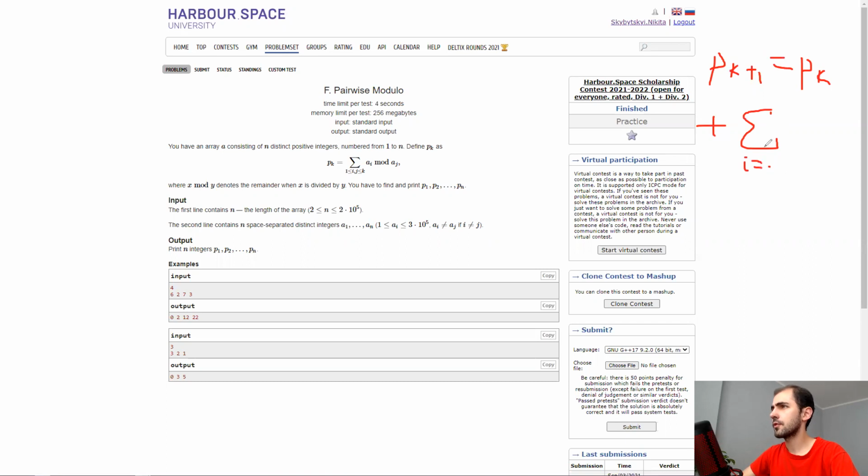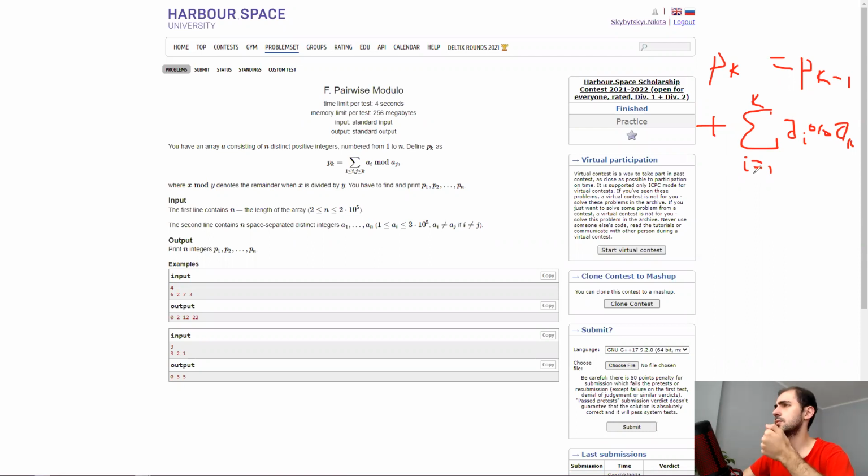Here we have the sum from i equals 1 all the way up to k of a_i modulo a_k. So p_k is p_{k-1} plus the sum from i from 1 to k.